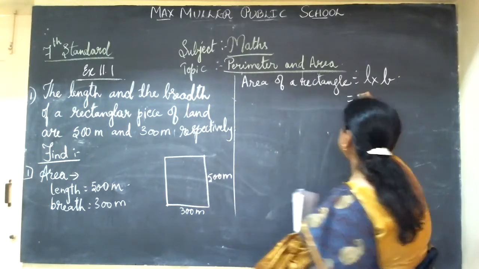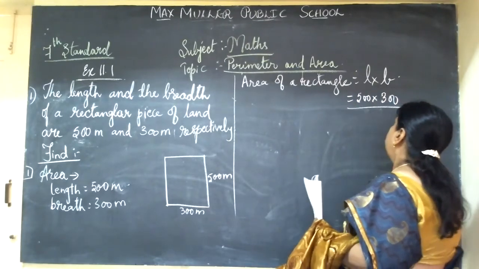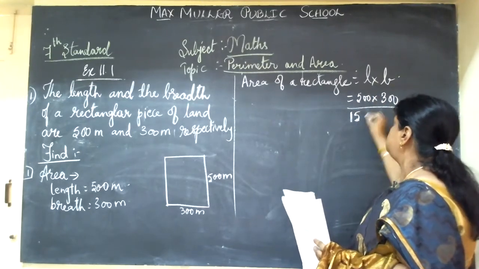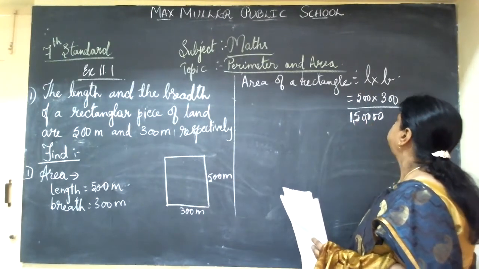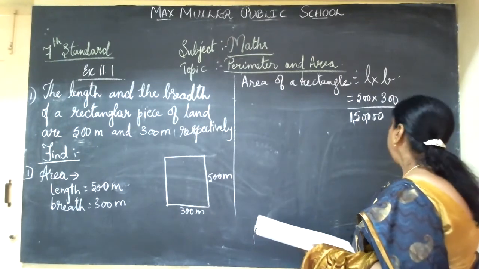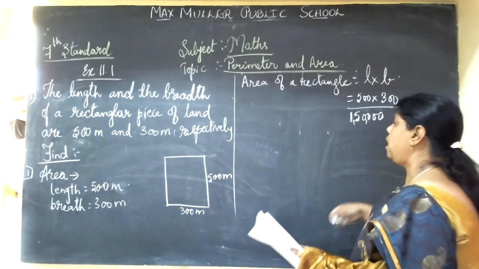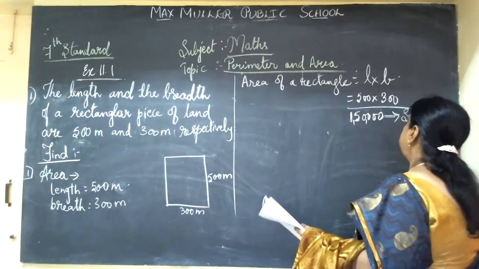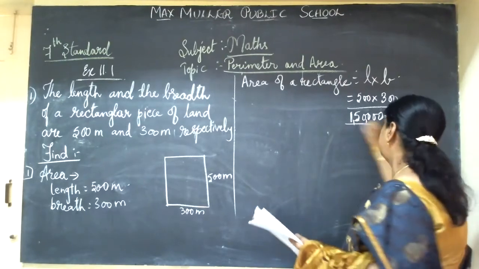So therefore it is 500 into 300. 5 3s are 15. These two zeros and these two zeros. So you get 1,50,000. What did I say? When the area is there, you should write the square units, square meters.